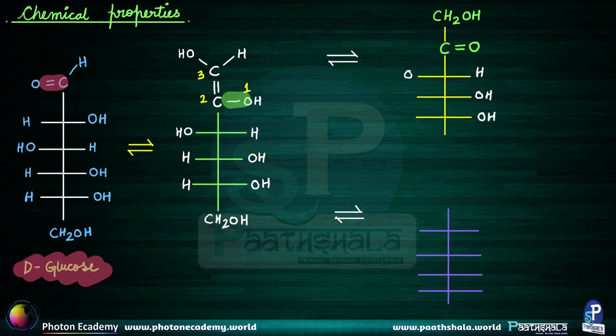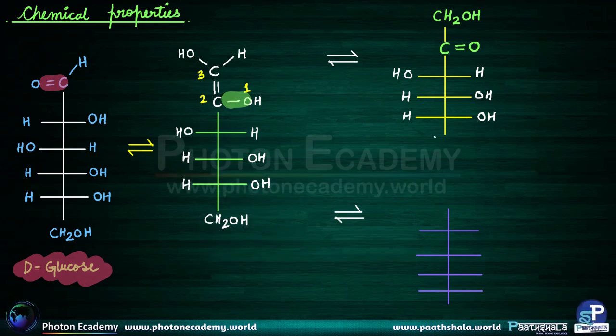Now, if you notice the structure very carefully, you can clearly see that this structure is the one we talked about in fructose, because this structure is nothing but D-fructose.